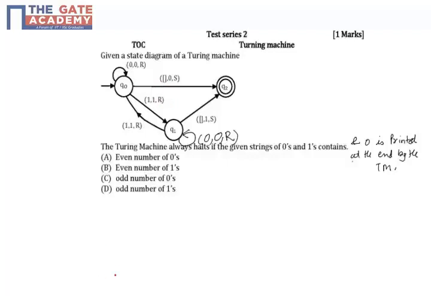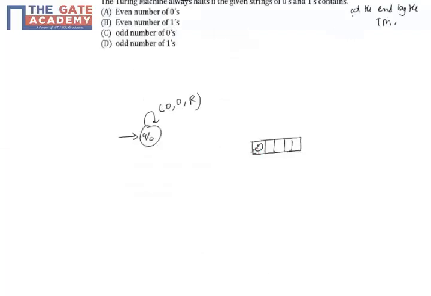Okay, let us understand by drawing it here. We have state Q0 and we are having 0, 0, R. Let's see what this 0, 0, R means. Let's say we have some input, and my first input is 0. My input string has just started, so I am at the start state. This symbol denotes the start state Q0.